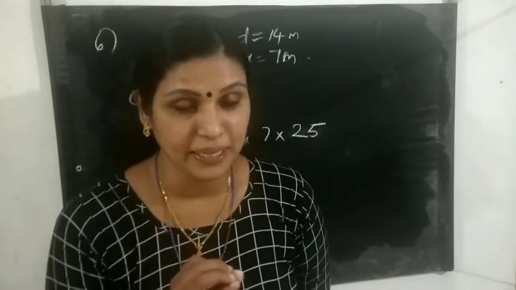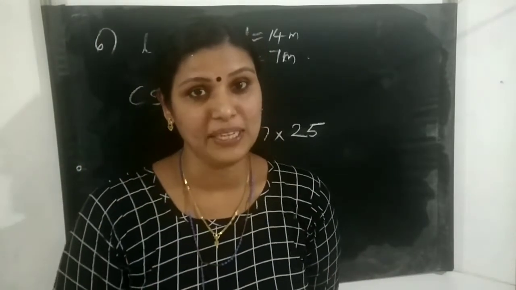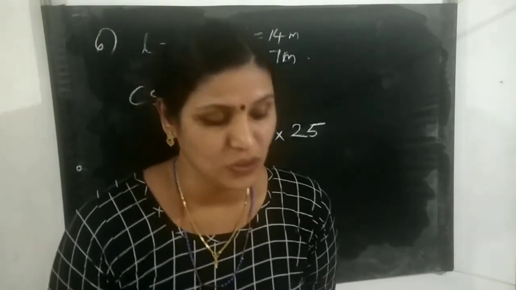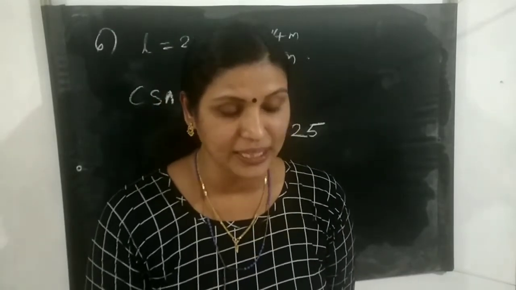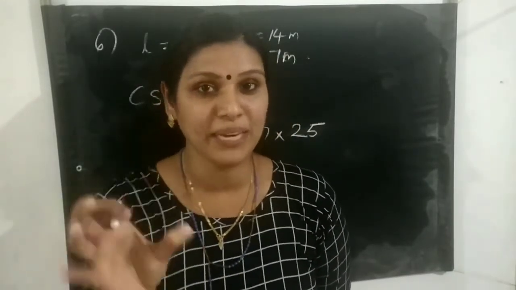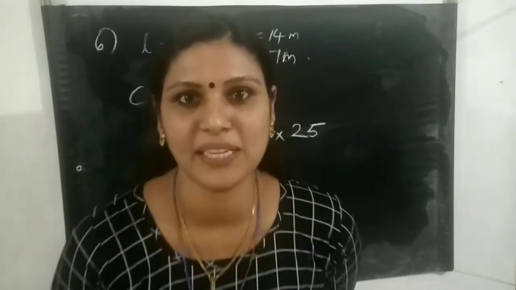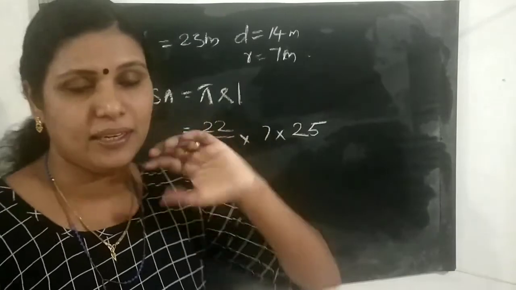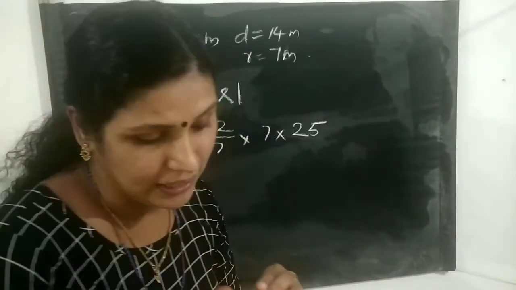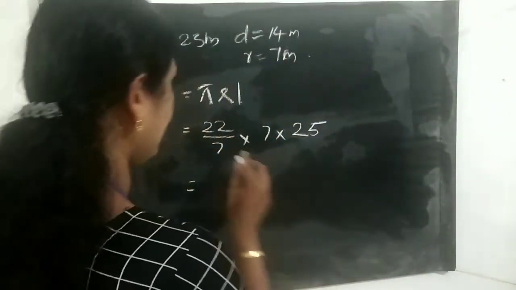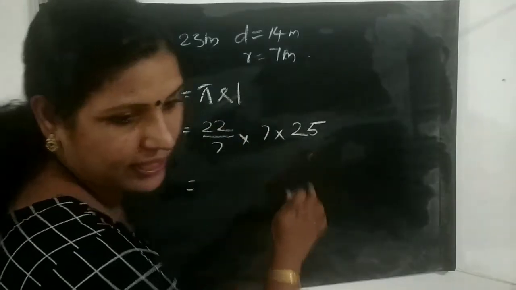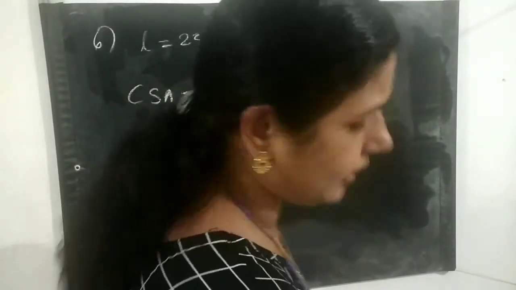Now we should normally do 210 per meter square, but here it is per 100 meter square. Here the answer we get is 550.